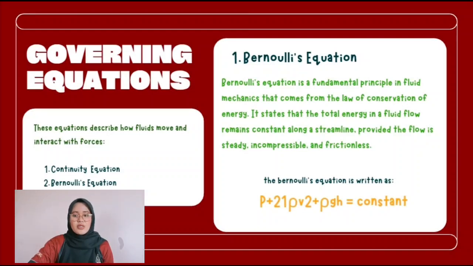Bernoulli's equation is written as P + 1/2 rho V² + rho g h = constant, where P is pressure energy, 1/2 rho V² is kinetic energy per unit volume, rho g h is potential energy per unit volume, rho is density of fluid, V is fluid velocity, g is gravitational acceleration, while h is elevation above a reference point.